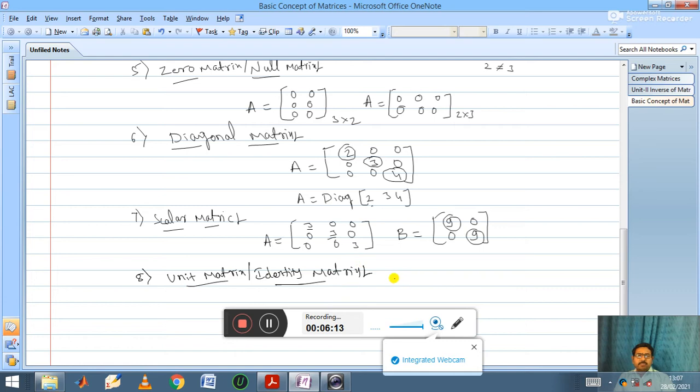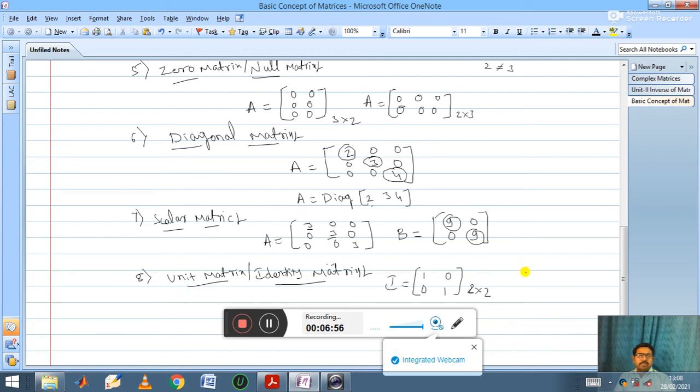Identity matrix usually uses the notation capital I. Capital I equals the matrix 1 0 0 1. This is a 2 cross 2 matrix. What about the diagonal entries? The diagonal entries are ones, right? 1 0 0 1 is an example of an identity matrix of 2 cross 2.